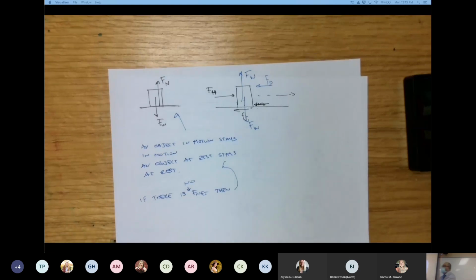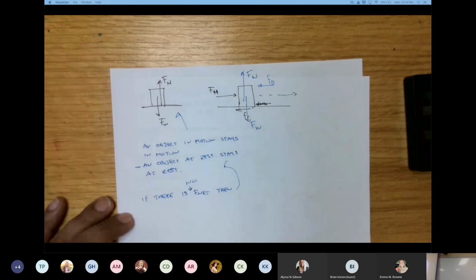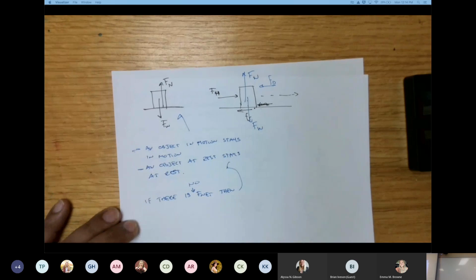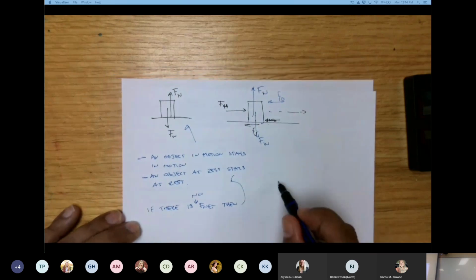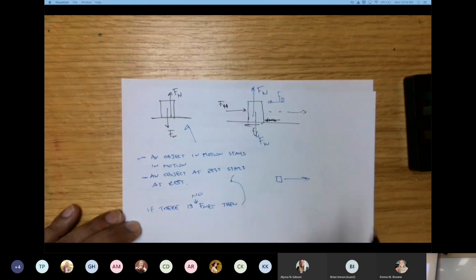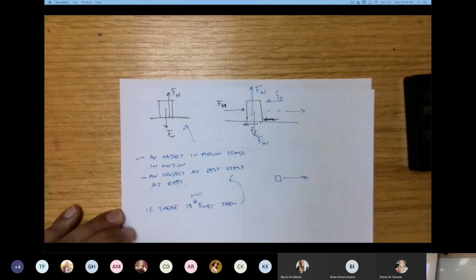Okay, so that means that every time you see an object moving, that object moved because there was an external force. Okay, that's one of the main consequences of forces: a force is going to make an object move. Okay, that's this part over here. Now, the second part of Newton's law, that an object in motion remains in motion, basically says that if you have an object and that object is moving, that object is always going to be moving in a straight line at a constant velocity.